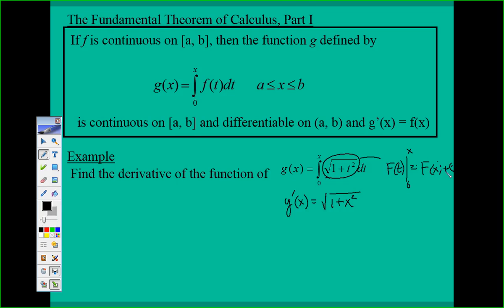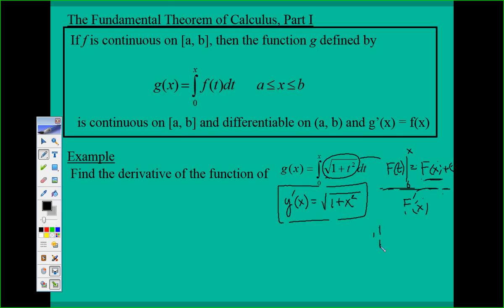But when we take the derivative, now the derivative would be f prime of x. You can see that we're back into a function of x. So that's why we can just rewrite it this way here. G prime of x would equal the square root of 1 plus x squared. Now, remember, if we take the derivative of this f of x plus c, if this f of x happens to be a composite function, we would have to apply the chain rule.